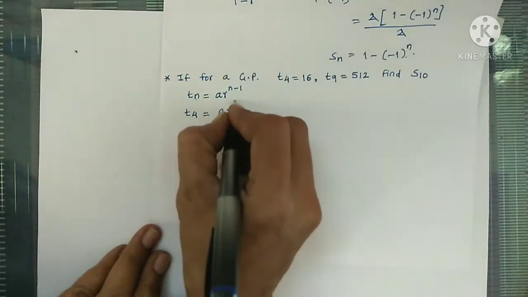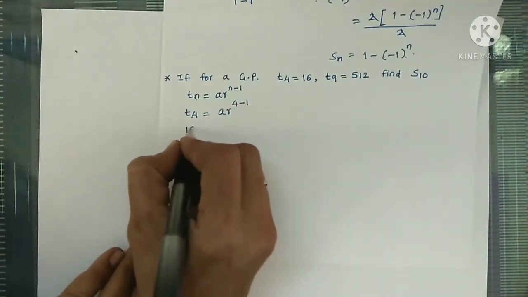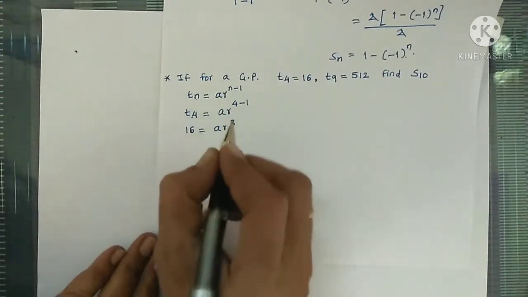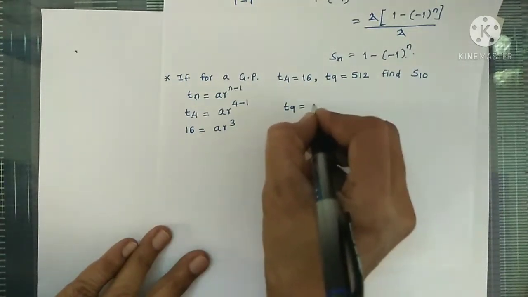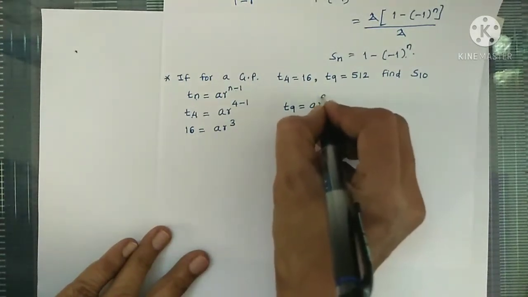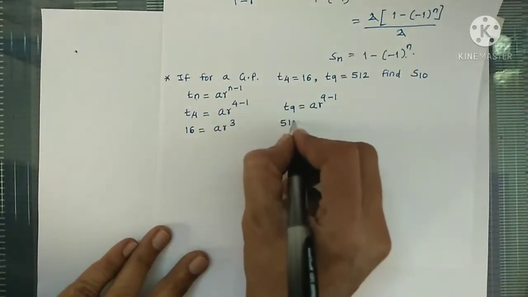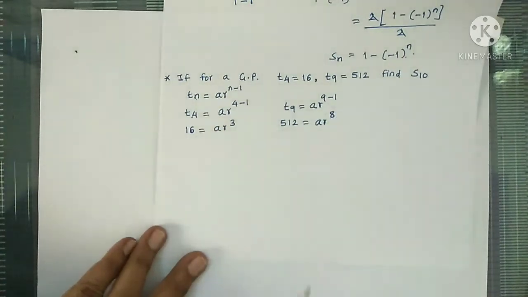So A r raised to 4 minus 1. T4 is 16, so we get A r cubed equal to 16. And T9, when n equal to 9, we get A r raised to 9 minus 1. 512 equal to A r raised to 8.